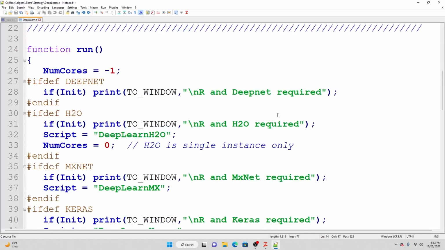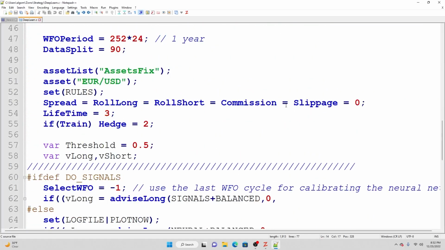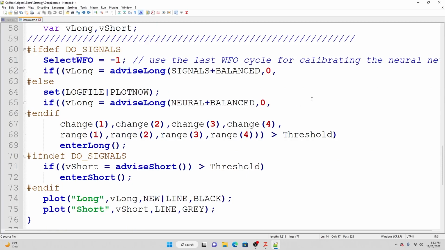And as I said, by examining this code, we see here that Zorro Trader is using these functions advise long and advise short in order to trade or backtest using neural networks, the deep nets in this case.